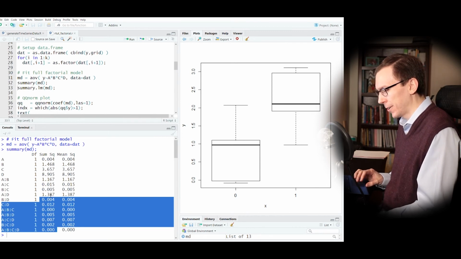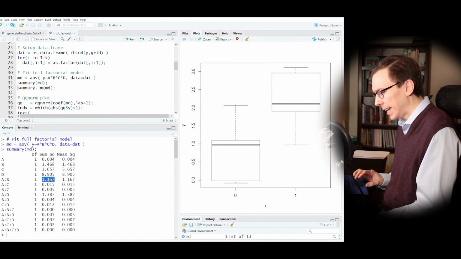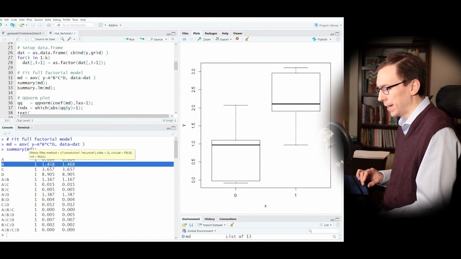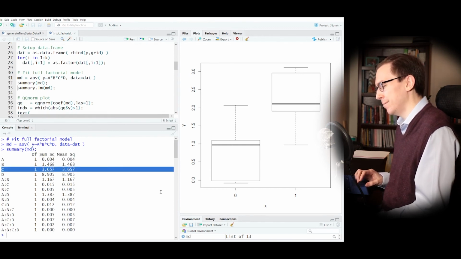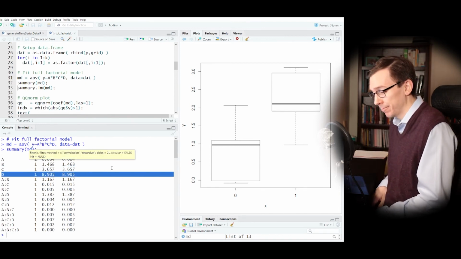There are a few that are above 1. So AD is above 1, AB is above 1, and B alone is above 1. Meanwhile, C is actually at 3.6, and D is the biggest by far. It's 8.9.